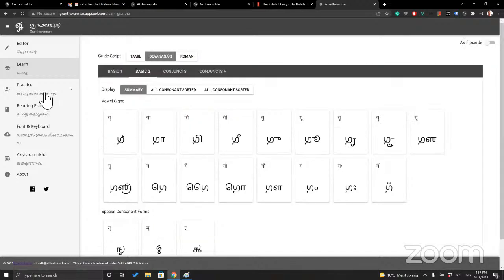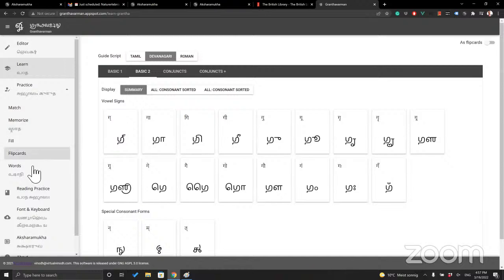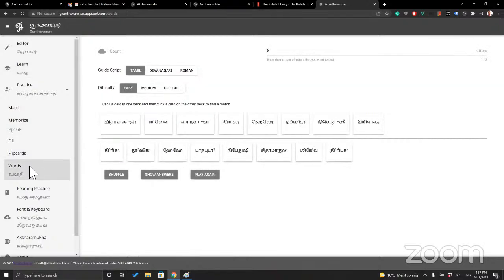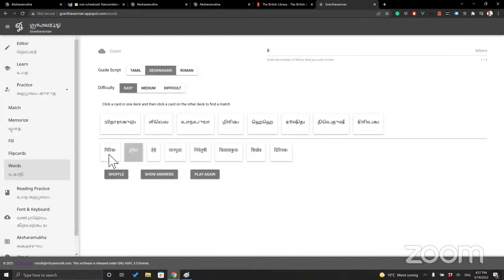And if you want to practice, right, you can go to words, right? You can try the easy and difficulty, yeah. So let's try. We want to match what this means. So I have girikaha, right? I want to find the matching word here, which is over here, right?